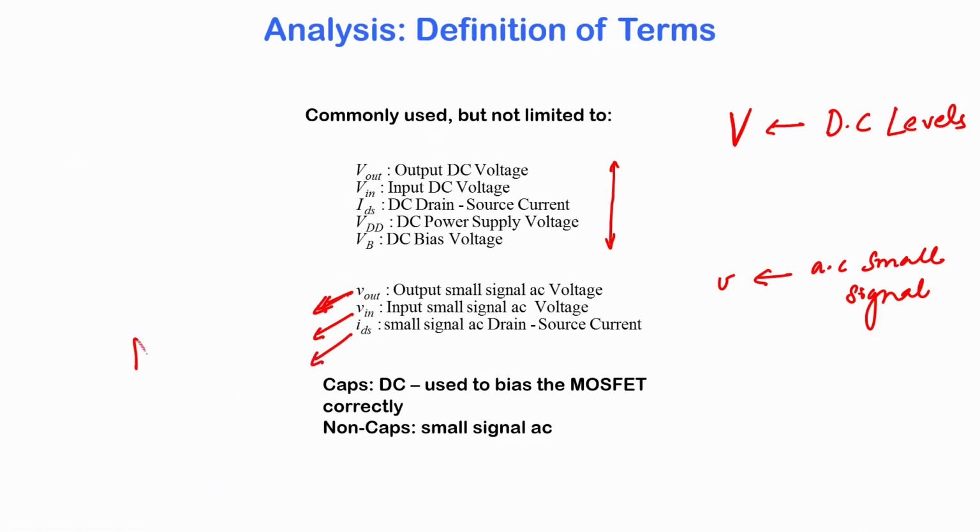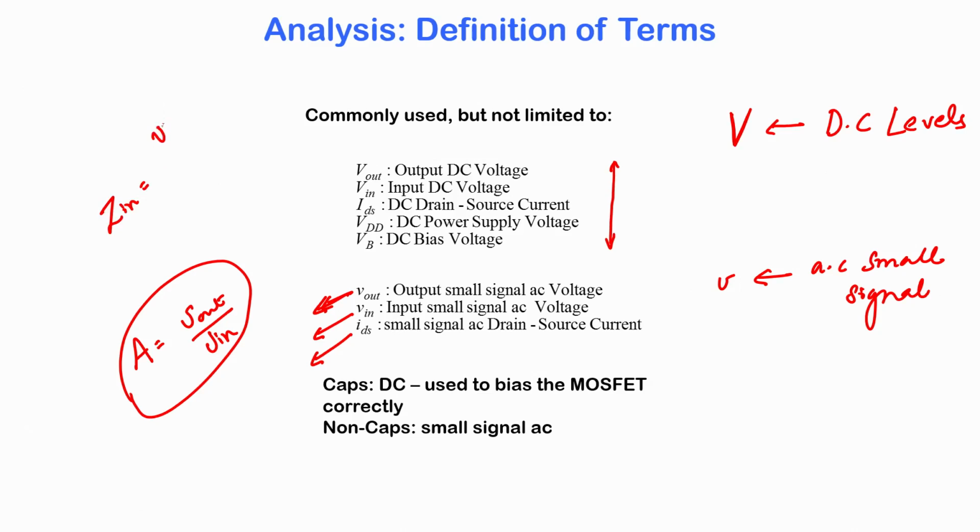And what is the gain of the voltage amplifier? It is the small signal output voltage divided by the small signal input voltage. So, we will always be trying to calculate the gain. And what is the input impedance of the amplifier? We are always talking about small signal parameters.